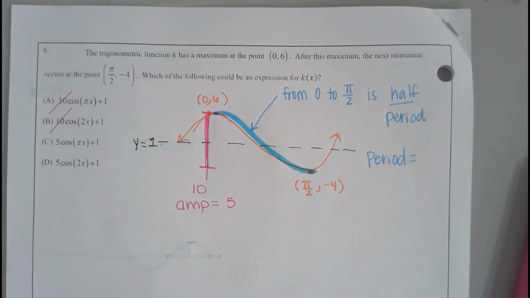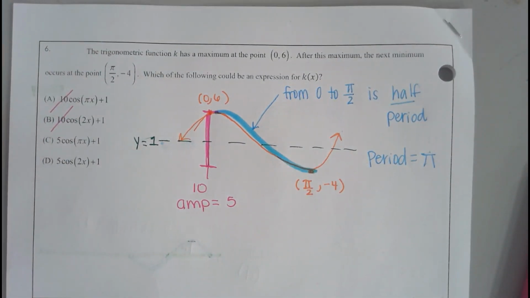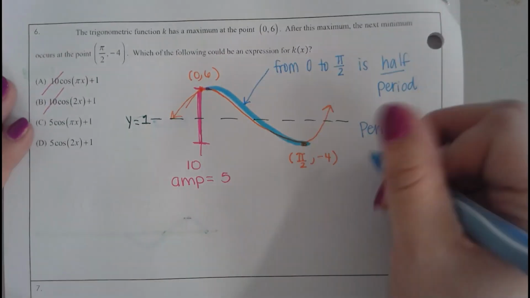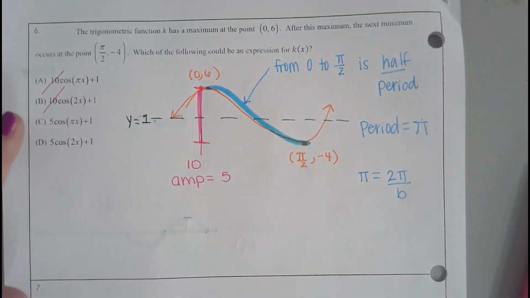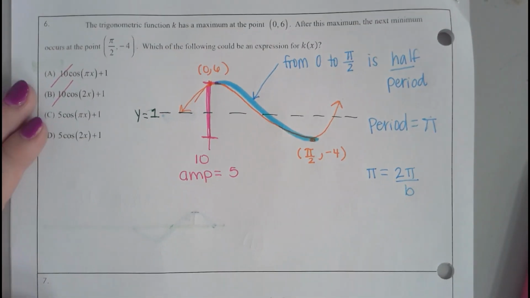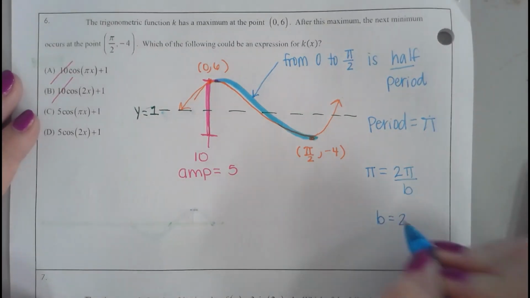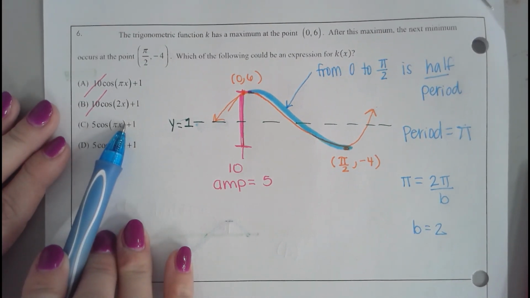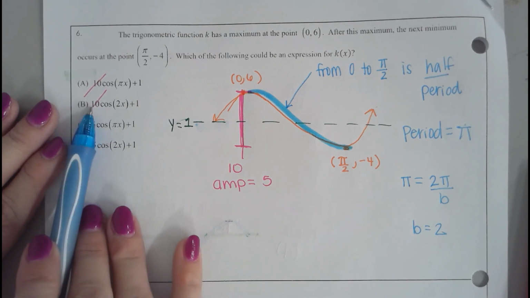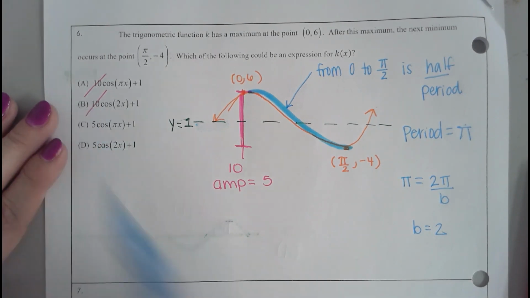Pi. So what's my B? I would set pi equal to 2 pi over B. This is the exact same one that we've done every time. I didn't do that on purpose. So what would B have to be? B is 2. So notice in these answer choices, it gave you an answer choice where your period was in the B spot. And that would be very easy to pick if you forget this.